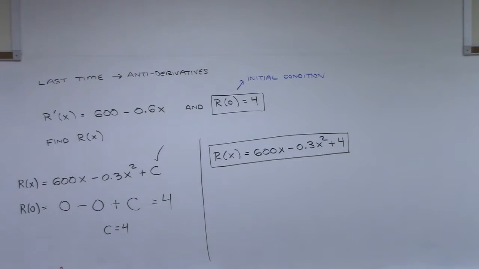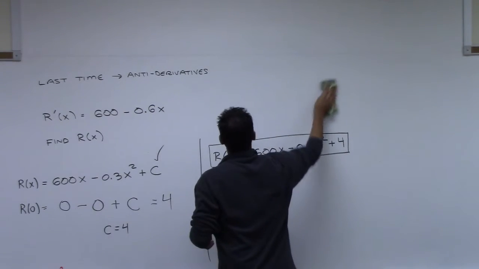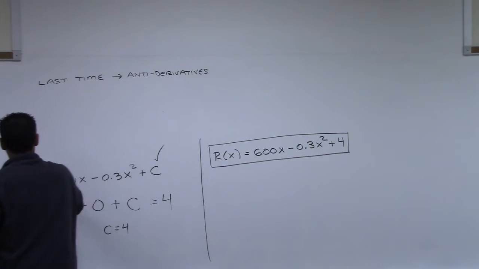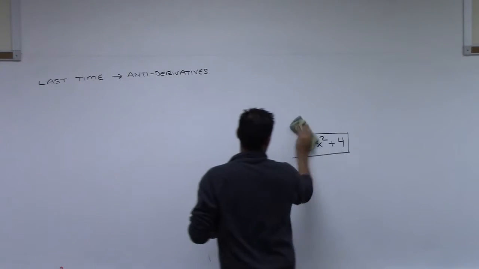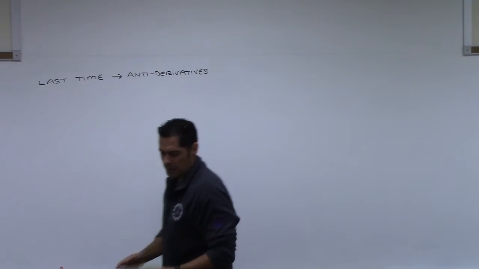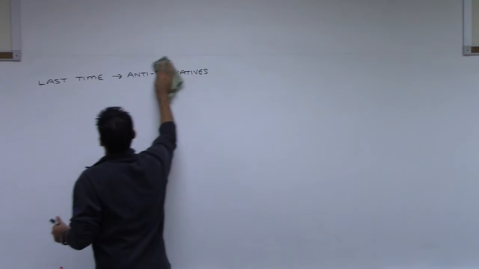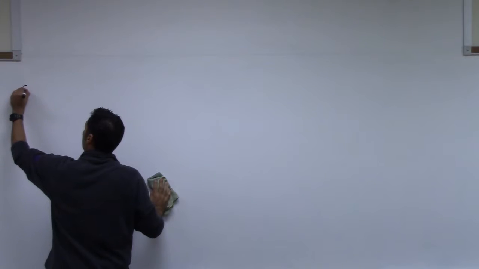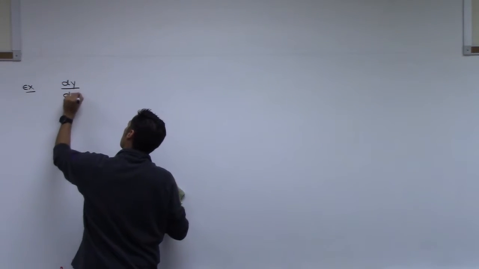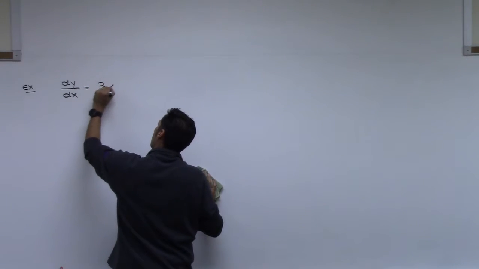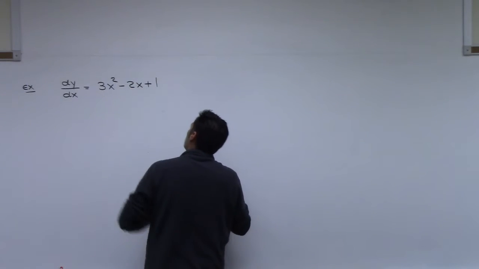Okay? Now I'm going to give you another one, with the same sort of thing but slightly different notation. So how about this? How about if I tell you that dy/dx is equal to 3x squared minus 2x plus 1.